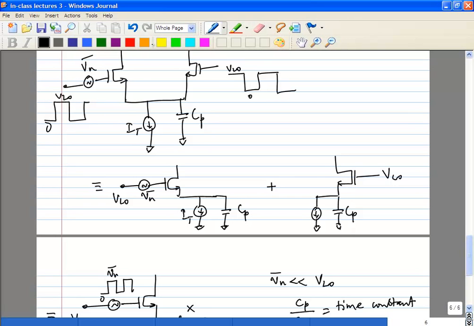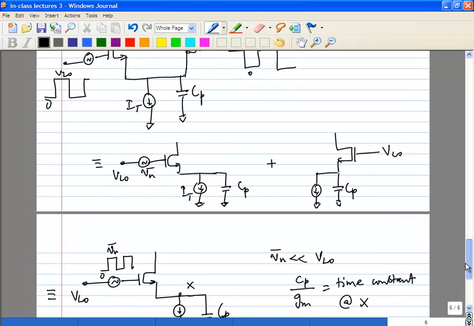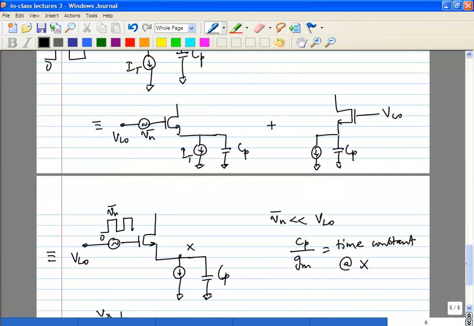So you're going to redraw the same thing as here, except during this cycle you do have Vn here. During the second half cycle, you don't have any Vn, which means this goes to 0. Third cycle, again you have Vn because it's the left side of the circuit, and so on.